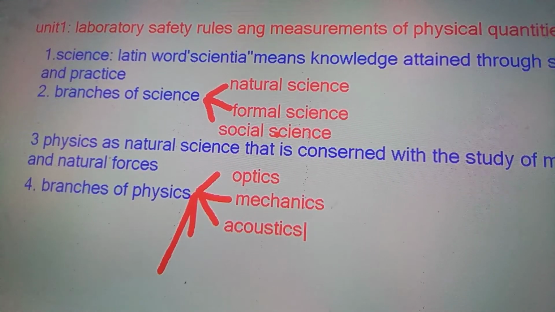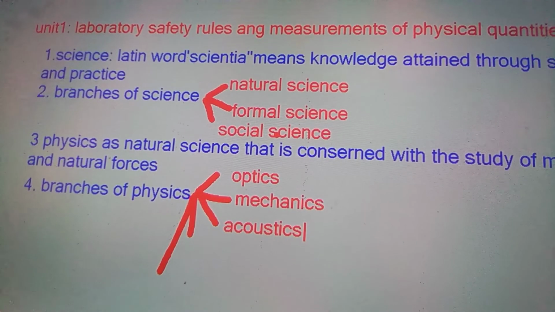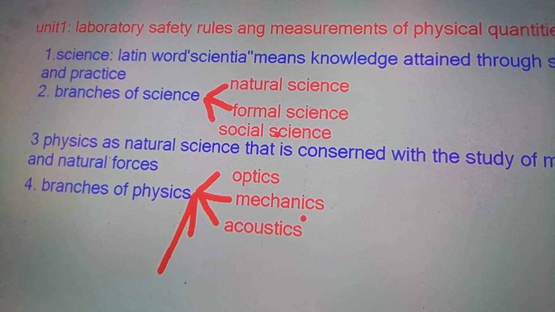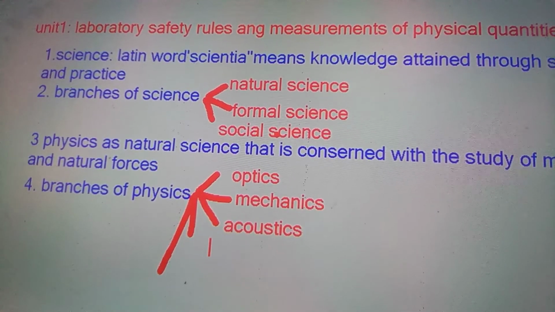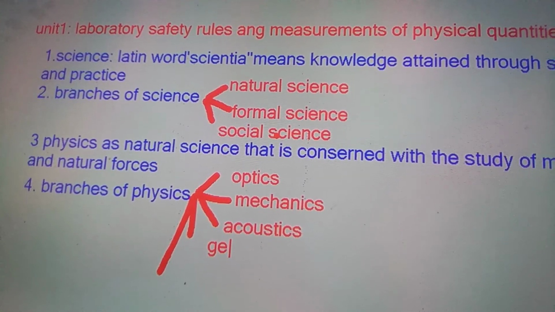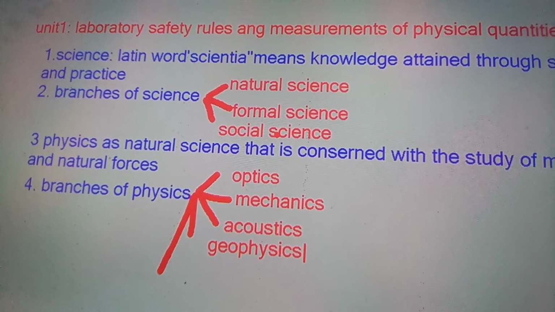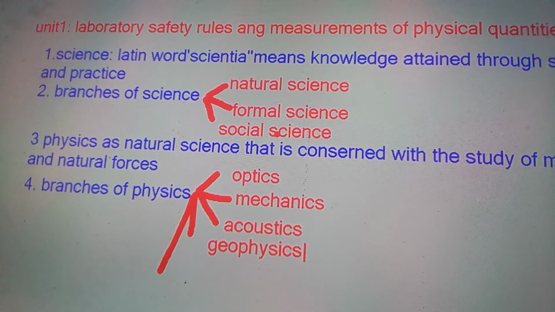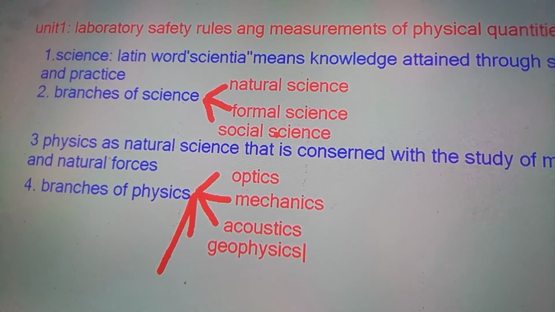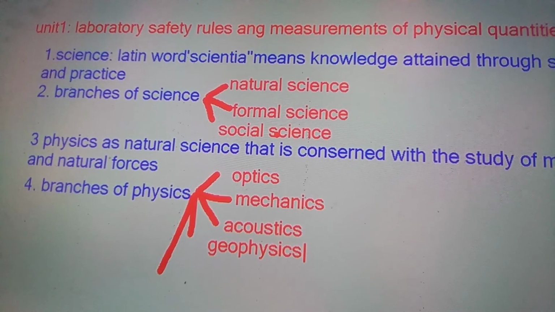We can talk about geophysics, the study of the substances that make up the earth and the physical processes occurring on, in and above it.